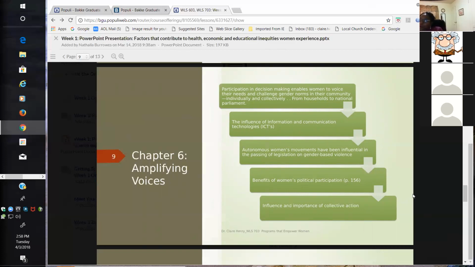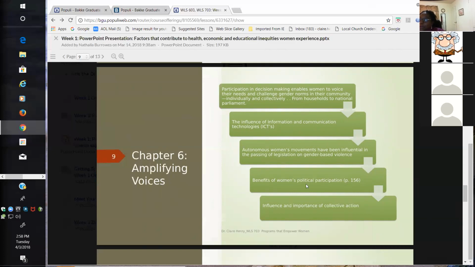Autonomous women's movements have been influential in the passing of legislation on gender-based violence. Domestic violence is a no-no in most, if not all, countries today, because there has been political action taken to address that issue in terms of passing laws to address the issue of domestic violence.